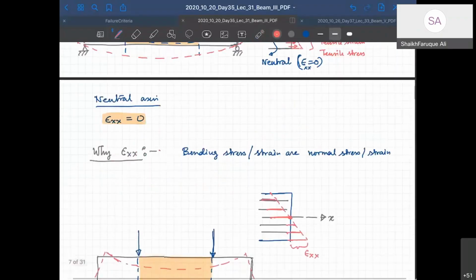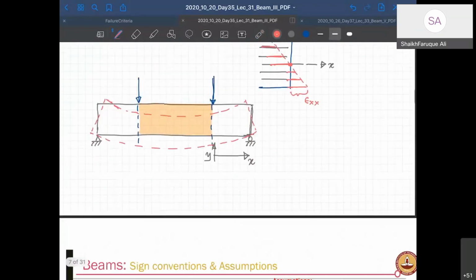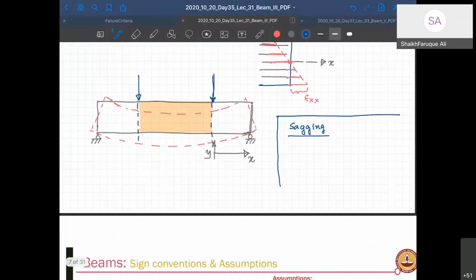Okay, this kind of bending, we call this sagging. Sagging, where the section is under this kind of moment, compression at top, tension in the bottom.